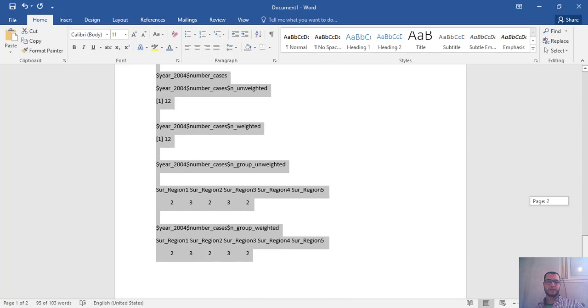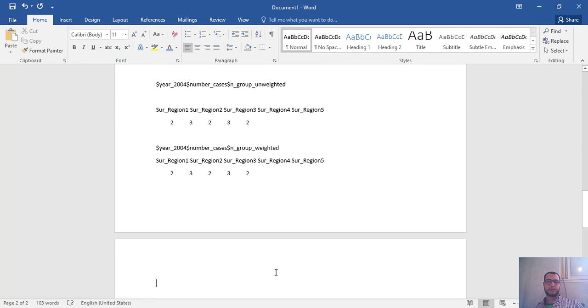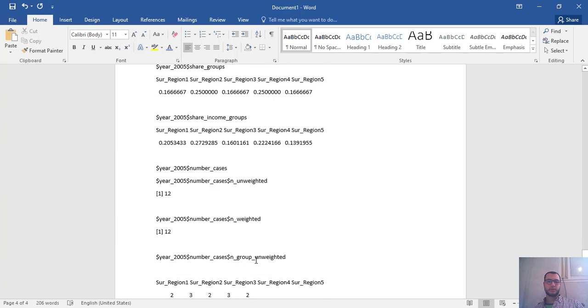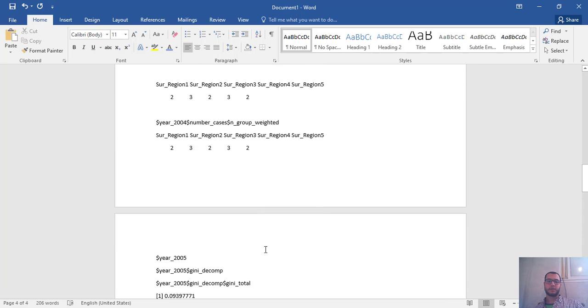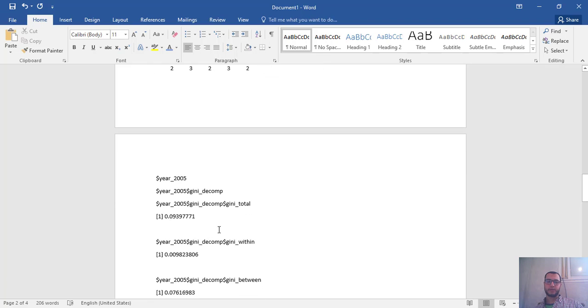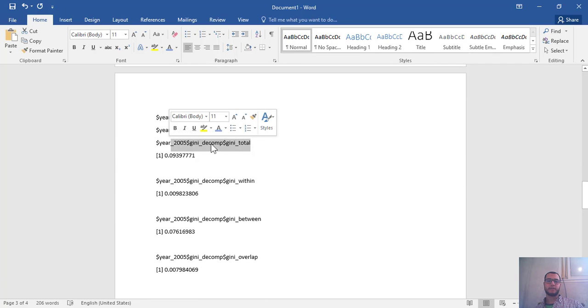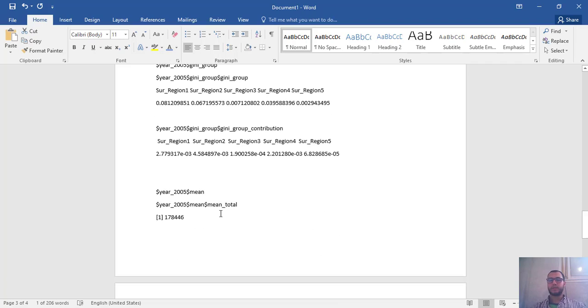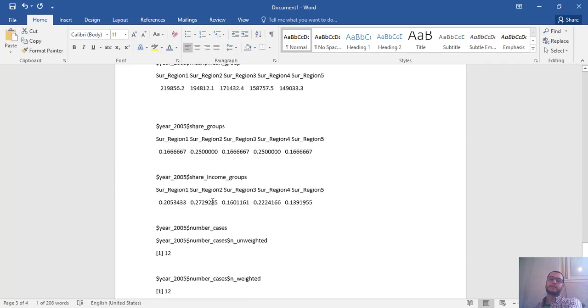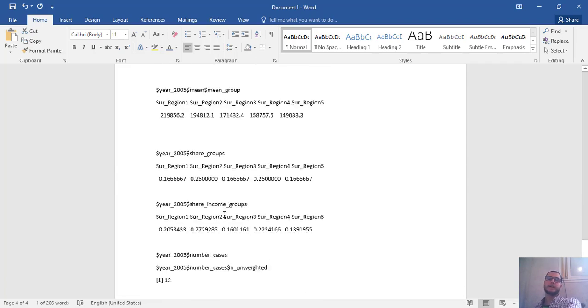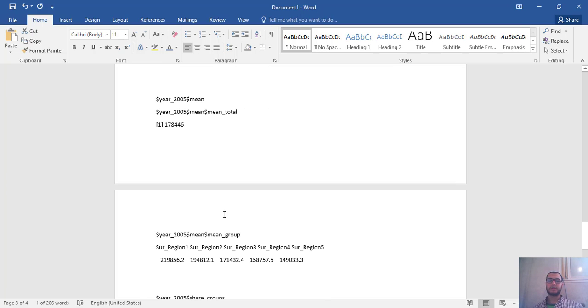So it's the same as you see for 2005. For 2005 we have the total Gini, within Gini, between Gini, and the interaction effect. The same explanation.